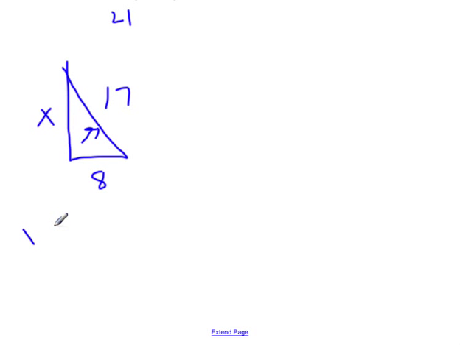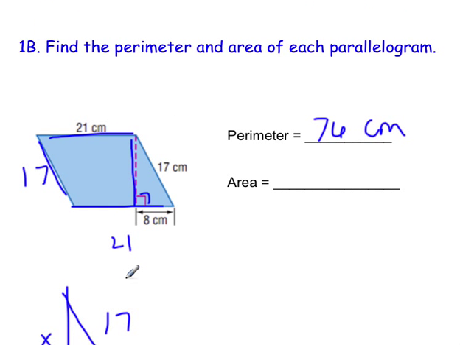So we have x squared plus 8 squared is going to be equal to 17 squared, because remember that x is our leg. So when we solve that out, I'm going to assume now that you guys are comfortable with the Pythagorean theorem. Really, it's just going to be x squared is equal to 17 squared minus 8 squared. And you end up getting here that x is equal to 15. So my height then is equal to 15.